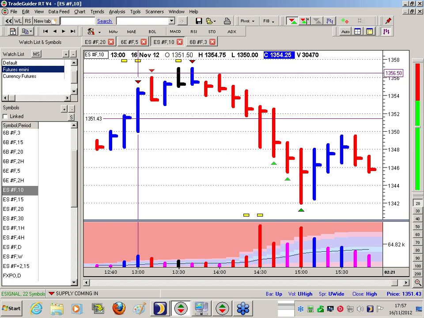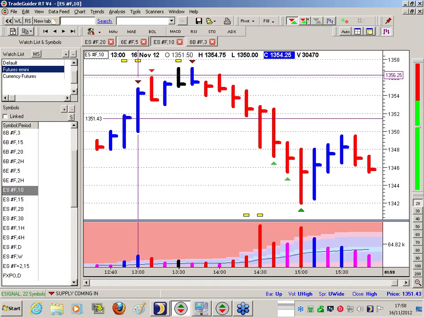Well, it doesn't matter what chart you look at, it tells you a story. Now, the chart up now is a 10-minute chart of the mini S&P, and apparently it's 10 past 1 UK time.